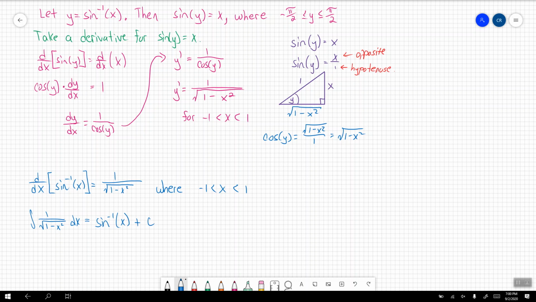All right, so that's awesome so far. We've developed this whole process to allow us to say, hey, this is what we're looking at when we're talking about sine inverse. All right, or at least a derivative for sine inverse. So that's pretty amazing so far.